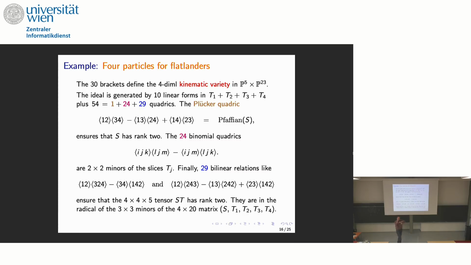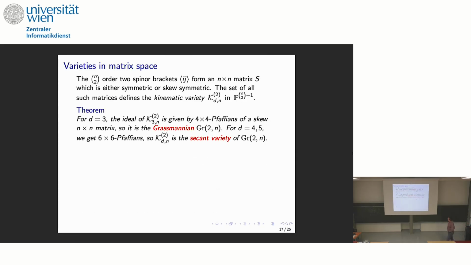A tensor has rank 1 if it looks like this: row vector, column vector, and one more vector. A tensor has rank R if you can write it as a sum of R of these. Okay, anyway, there's a bit of a discussion. Radical is another one of those algebra terms. So here's a general statement. So we're looking at these.